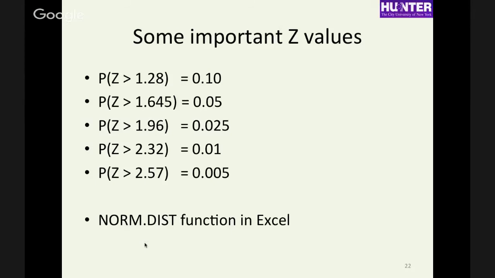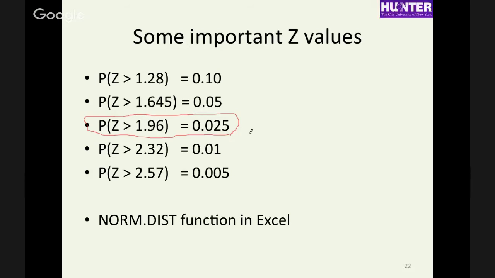Here are a few more important z-values. The only one here that is really important, and probably you should commit to memory, not because you have to, but because you should just recognize it, is this one, the z-value of 1.96, because it's going to come up over and over. And the reason it comes up is because we often talk about two-tailed significance levels of 0.05.